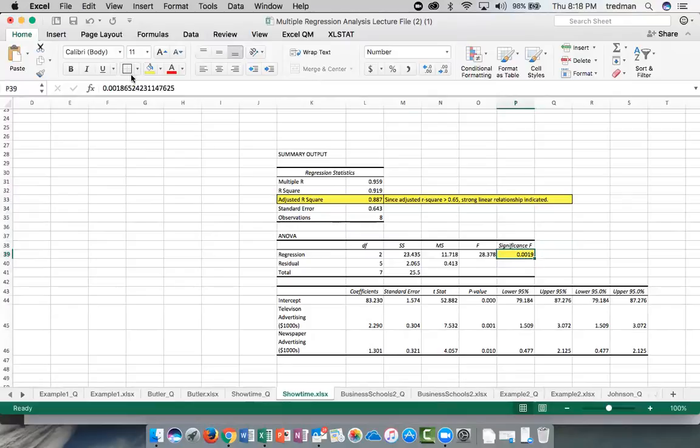See, the significance now is 0.0019. That would be less than alpha of 0.05. So we would have a significant relationship. And so I'll just say significant.